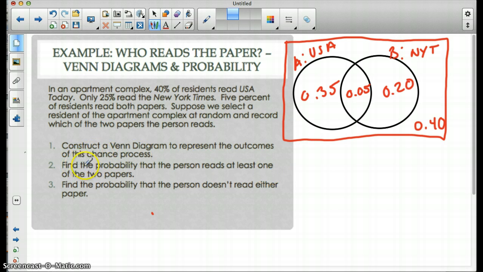Okay, and number 2, we had to find the probability that the person reads at least one of the 2 papers.